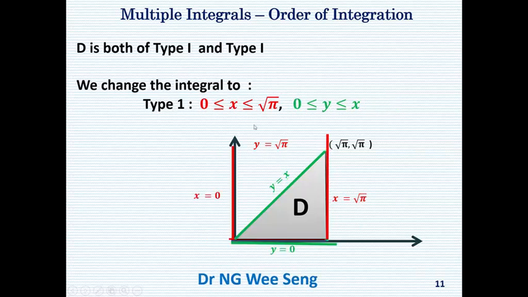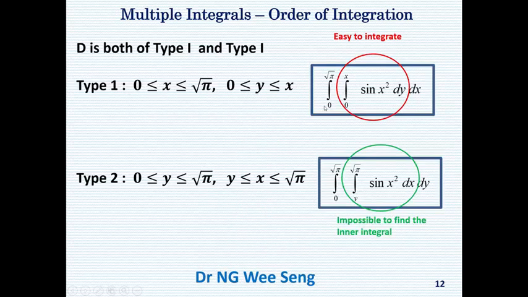And that can be done easily by just inspecting this region. So as far as this triangle is concerned, x lies between 0 and root pi, while y lies between 0 and this line, which is y equals x. And once you have these two inequalities, you can easily write it in the form we want.